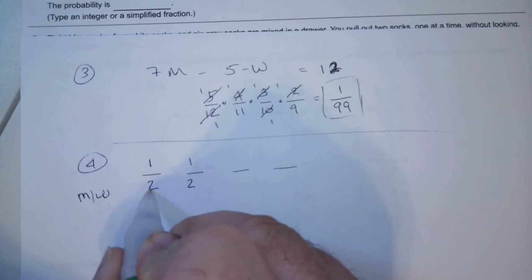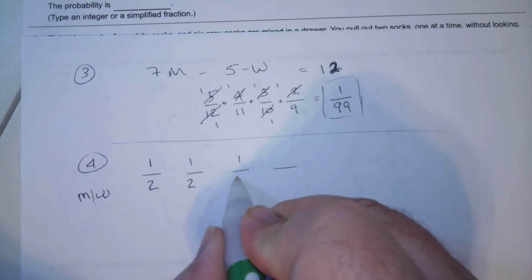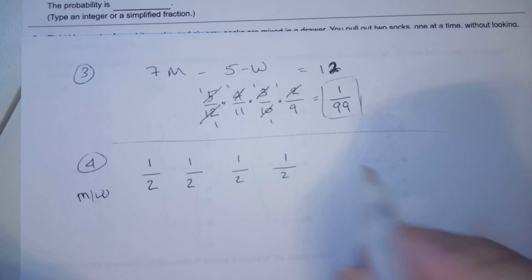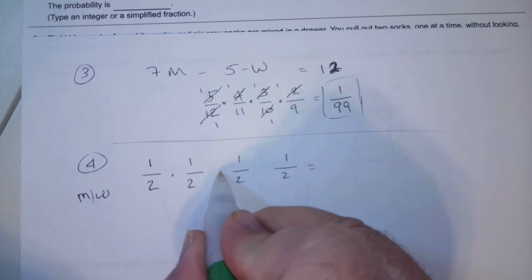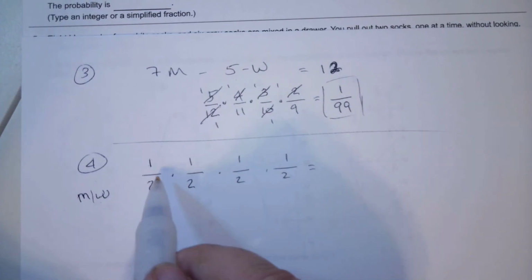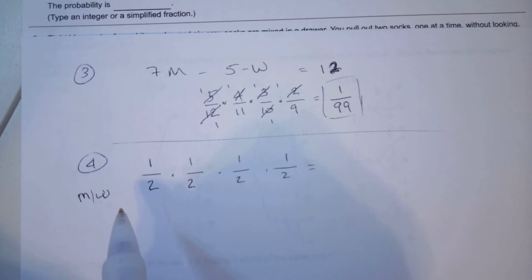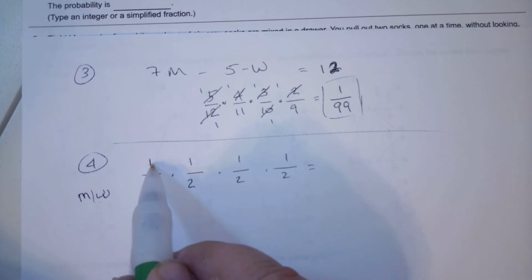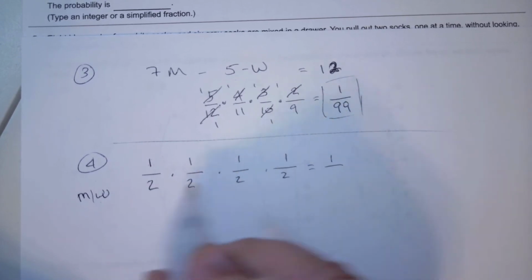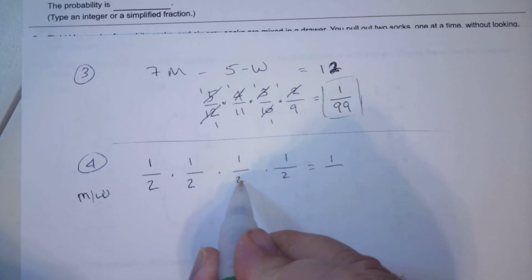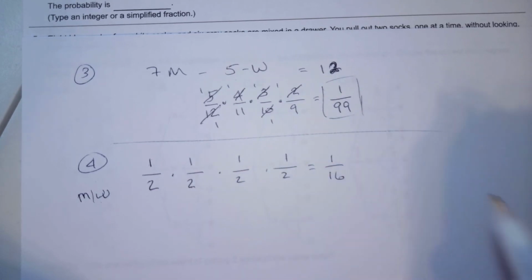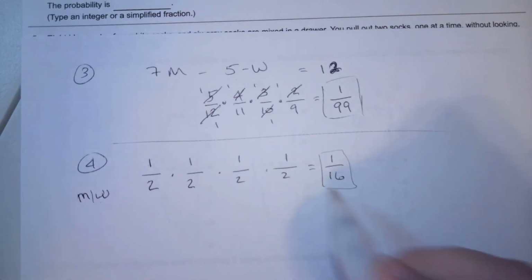So it's 1 woman over 2 possibilities. So all 4 of these events have to be girls. So multiply the bottom: 2 times 2 is 4, times 2 is 8, times 2 is 16. So the probability that 4 children being born are all girls is 1 out of 16.